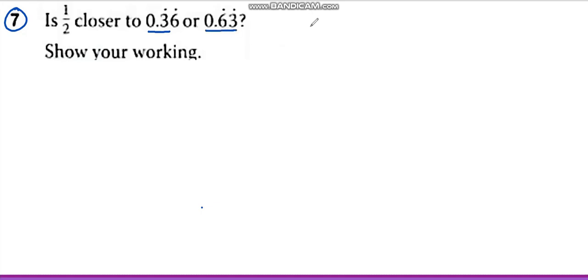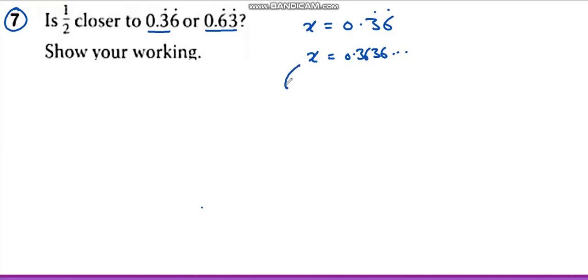First of all, let's suppose that x is equivalent to 0.36, where 36 is written in dot notation. We can also write it as x equals 0.3636 and so on.